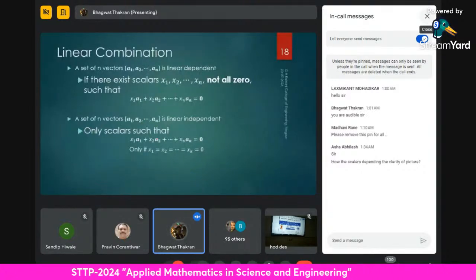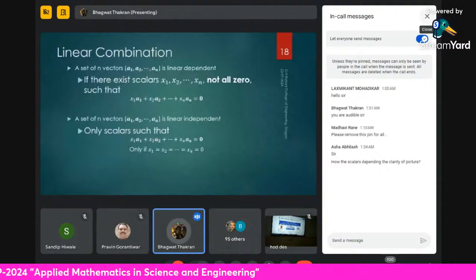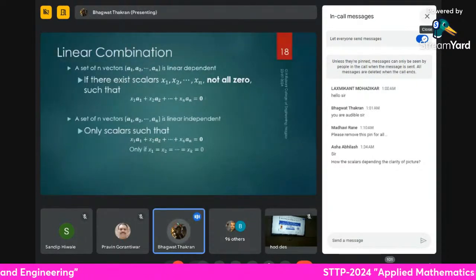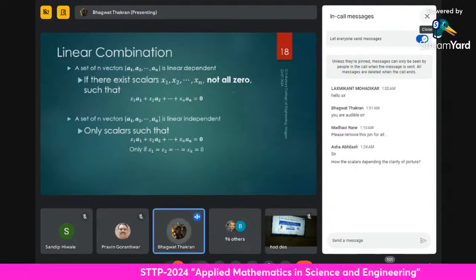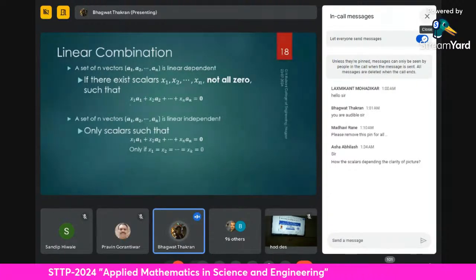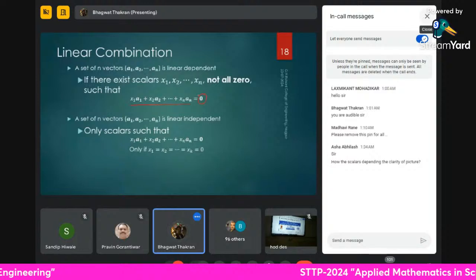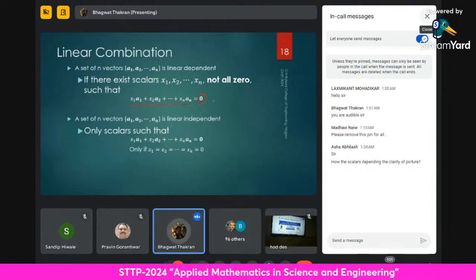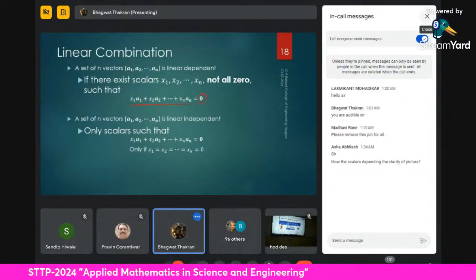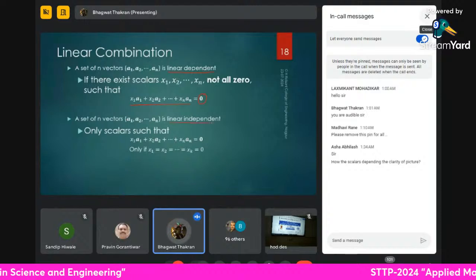And if this linear combination is set to not just any vector, but we know that a vector space contains a zero vector also. So if I state that this linear combination is fixed to the value 0, then this linear combination would let us find out whether the vectors are linearly dependent or independent.